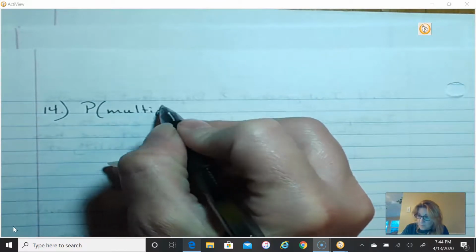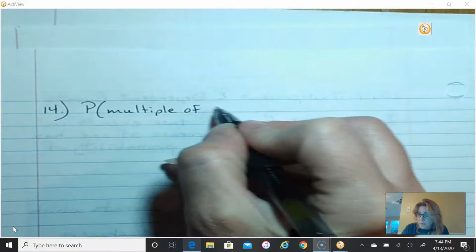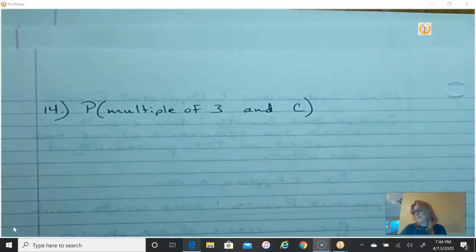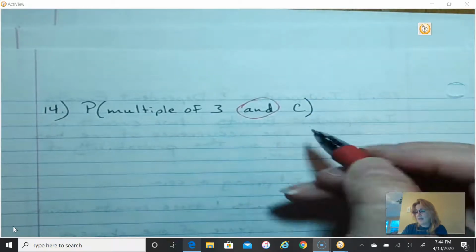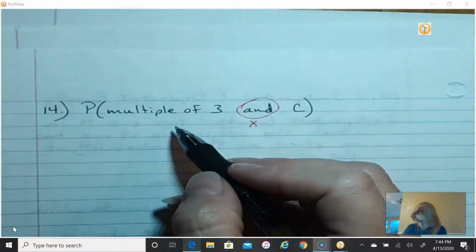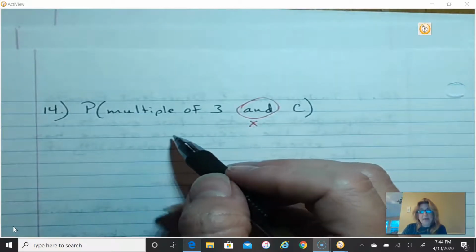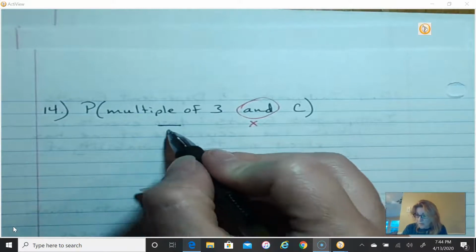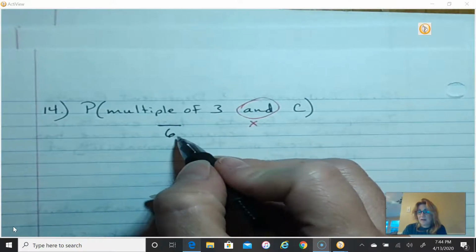What is the probability, P, of getting a multiple of 3 and the letter C? Don't forget, and means multiply. So a multiple of 3. How many total do we have? Remember, total. There's 6 in that spinner.